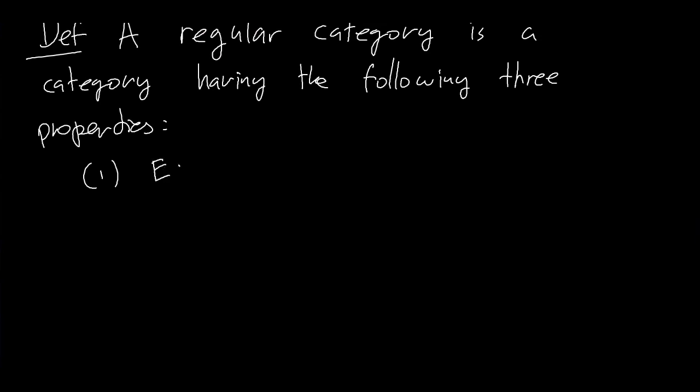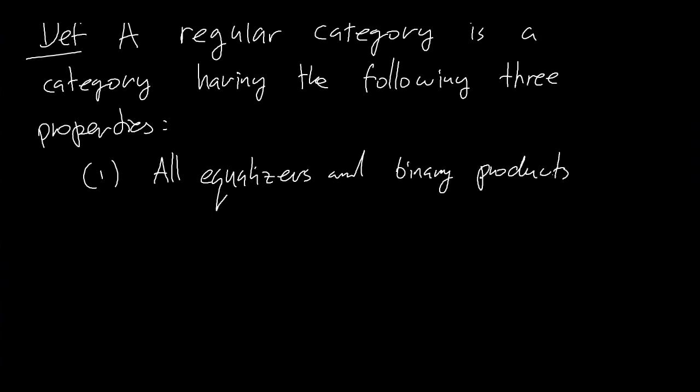But let me phrase it in a more standard way. So all equalizers and binary products exist in the category. So this is equivalent to saying that all finite diagrams have limits.